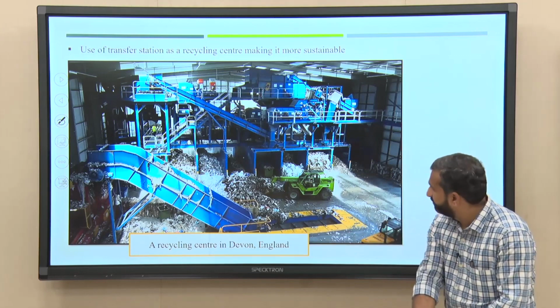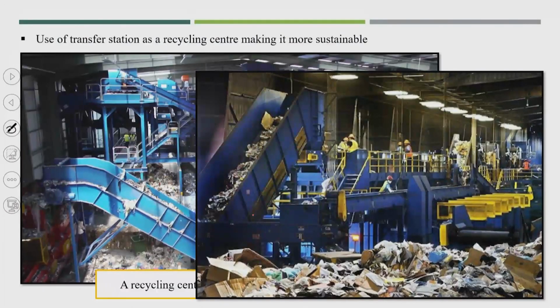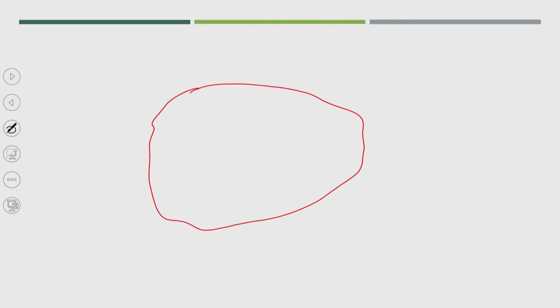So, here is one more photograph of a recycling center in a transfer station. Here I will give one example, like this is one city, suppose, and your disposal site is somewhere here.